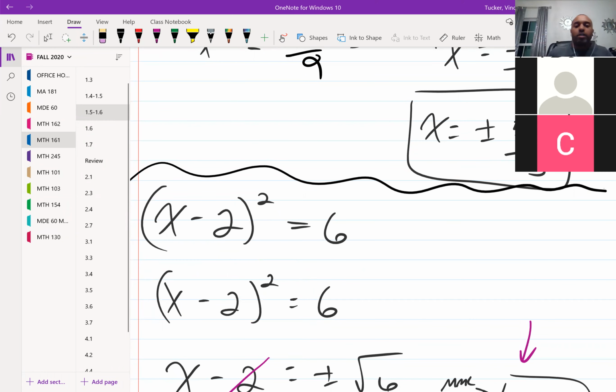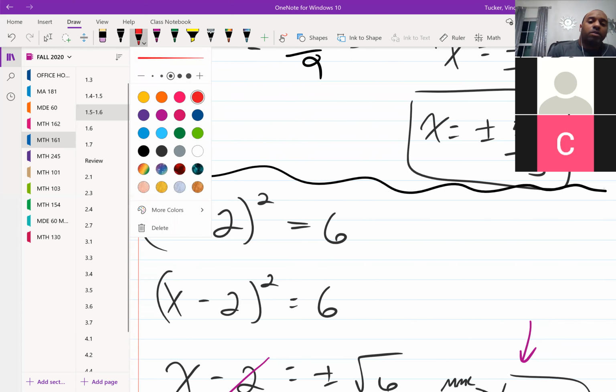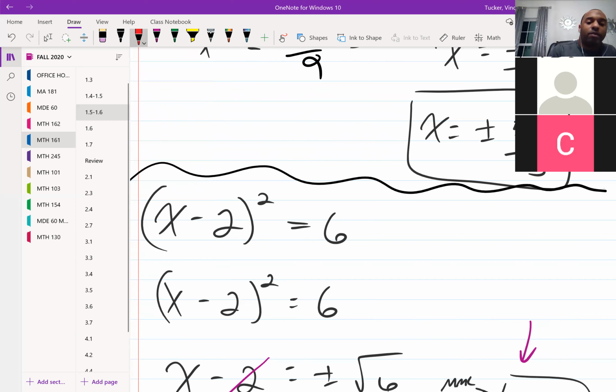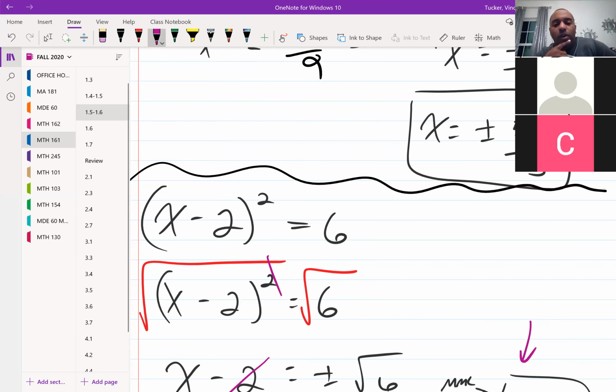All right, so the next one is x minus 2 squared equal to 6. So this time we have this quantity being squared. So we take the square root of both sides in order to get the square off of that quantity.